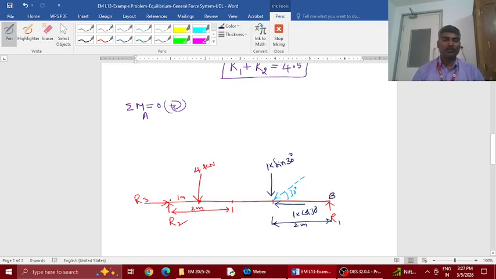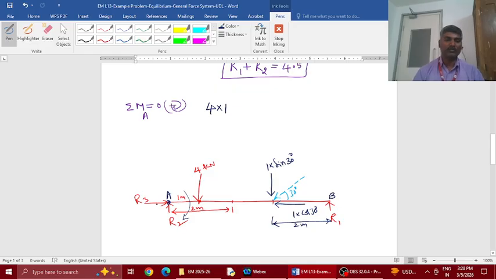Now write moments about this point A. These two forces, R2 and R3, do not produce any moment because they are passing through A. Now coming to the 4 kilonewton force, the perpendicular distance is 1 meter, and it is trying to rotate this member clockwise, so plus. Now there are two forces here.